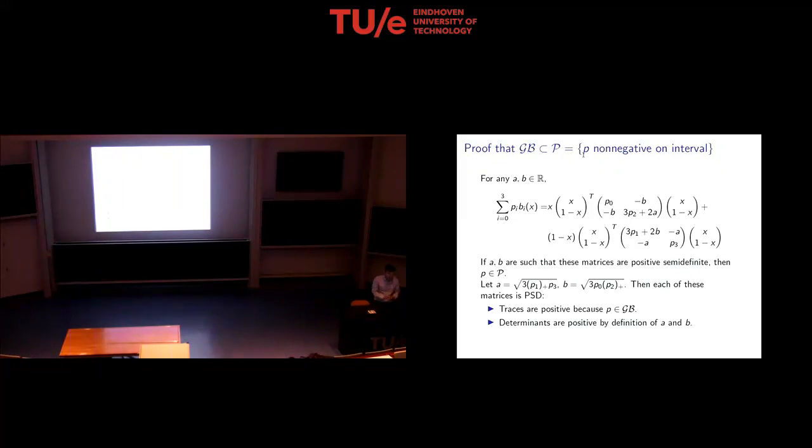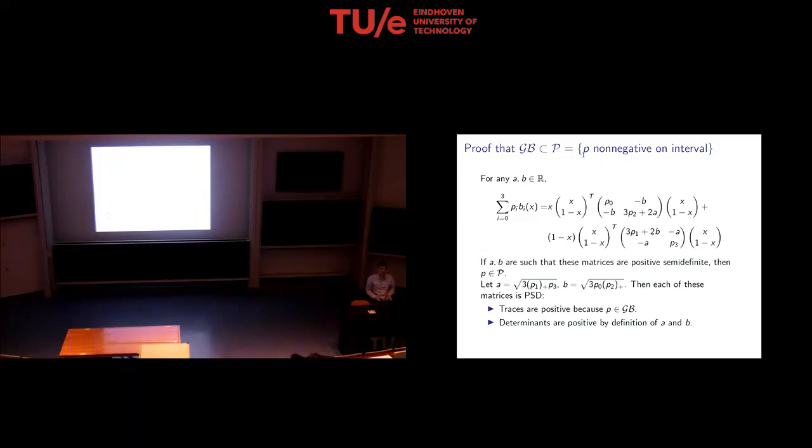So we make this choice of A and B, and we claim that with this choice of A and B, that guarantees these matrices are positive semi-definite. We get that the traces are non-negative by the condition of P being in GB. So the geometric mean condition literally is that the trace is non-negative. And the way that we chose A and B here makes the determinants always non-negative.